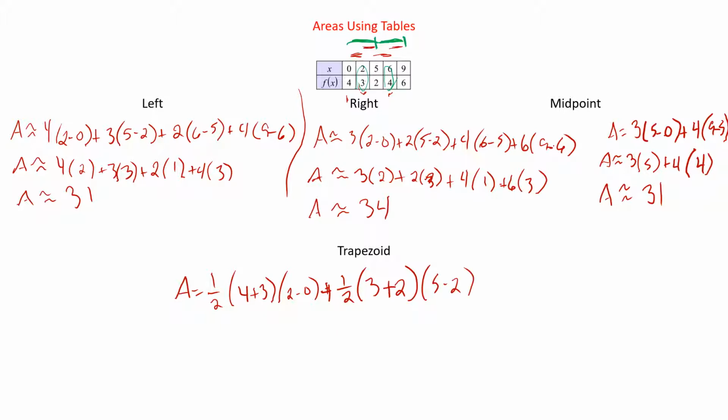So we add the y values, we subtract the x values, plus 1/2, 4 plus 2, times 6 minus 5, plus 1/2, 4 plus 6, times 9 minus 6. Simplify.